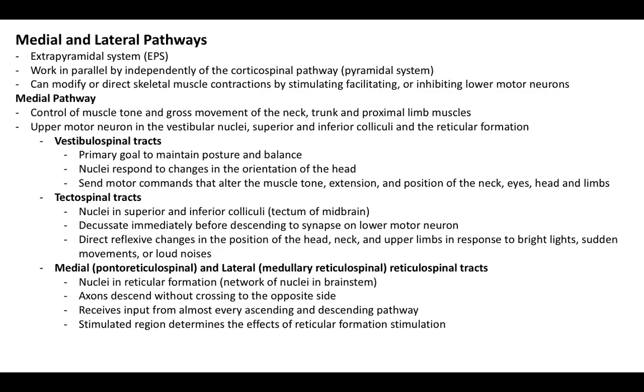So these can help modify skeletal muscle contractions and movements and facilitate or inhibit lower motor neurons. Okay, so medial pathways control muscle tone and gross movement of the head and neck and proximal limbs. So medial pathway is muscle tone of the trunk, neck, and proximal limbs.